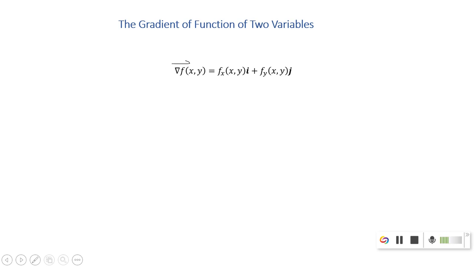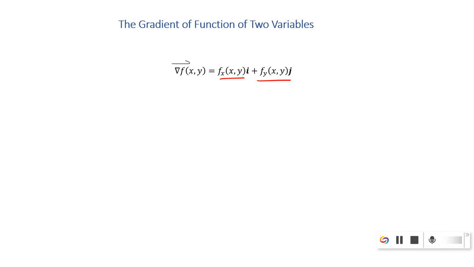And so I'm going to define a vector, and that vector I'm defining is called the gradient. So the gradient for a function of two variables is defined to be a vector such that the x component, the i component, is your partial with respect to x. Your y component, or j component, would be the partial derivative with respect to y.